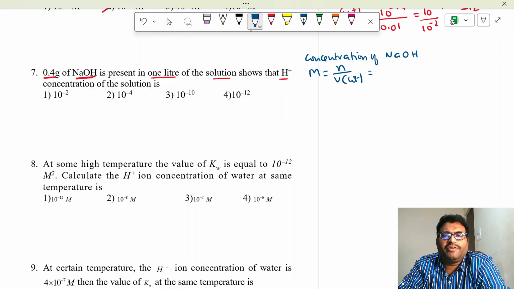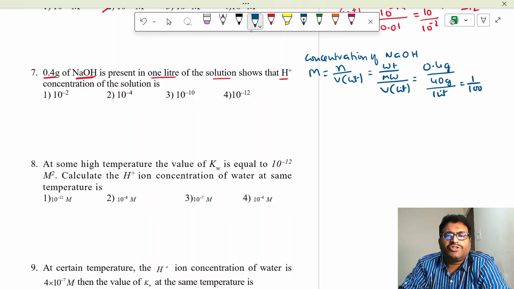So number of moles means weight by molecular weight by volume expressed in liters. Weight is given 0.4 grams by gram molecular weight is 40 grams by volume is 1 liter. That is equal to 1 by 100. So NaOH concentration is 1 by 100 molar.